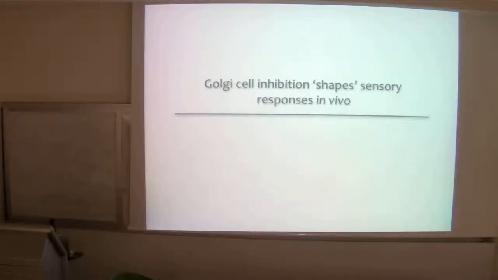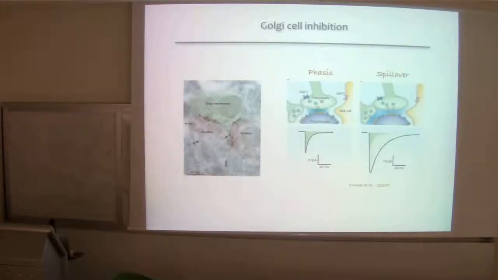That is direct, much more point-to-point communication from Golgi cells, the inhibitory interneurons, to the granule cells. This is the phasic, or fast, activation of GABA receptors, which have a fast desensitization as well, which gives you a really short point-to-point communication. And the second form is spillover.